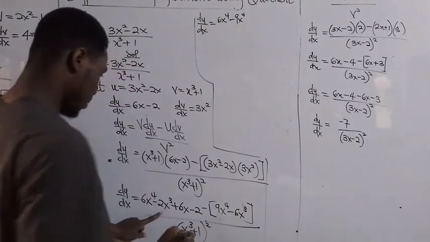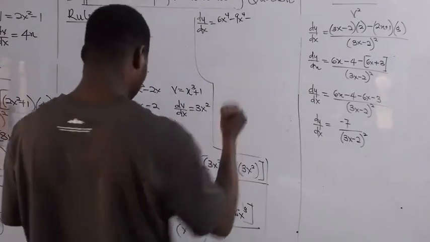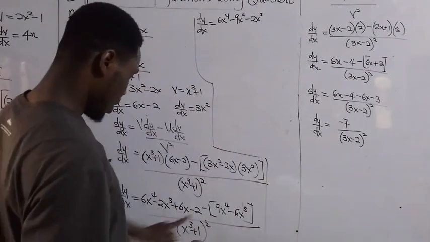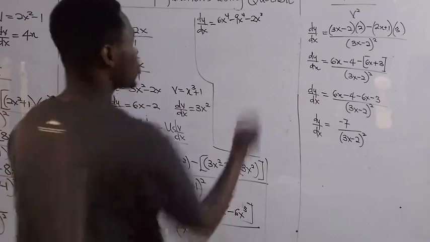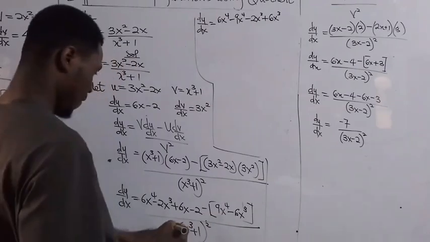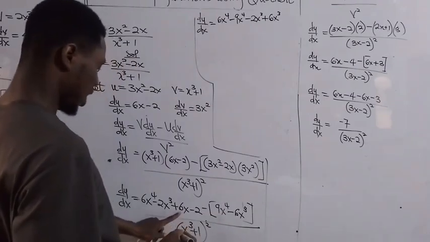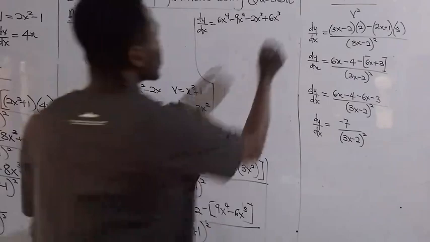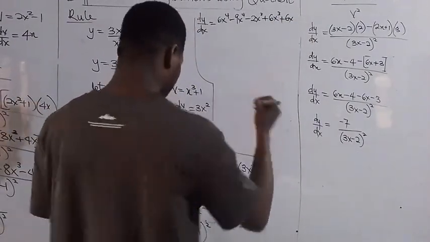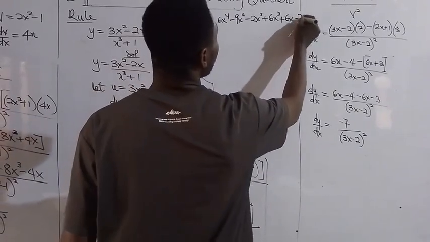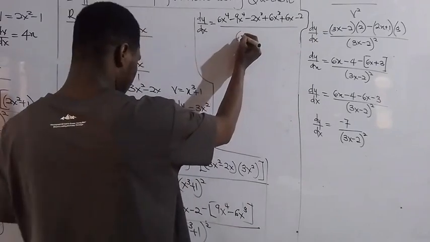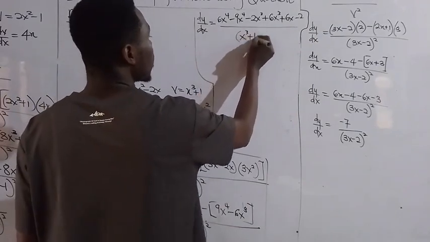Then we come here, negative 2x to the third power. Then this and this will give us positive, so it will be positive 6x to the third power. Then we have positive 6x. Then we have what? Negative 2. All over v, which is what? x cubed plus 1 all squared.